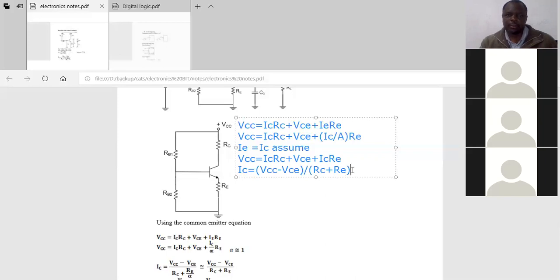Please note that that's what we have for the equation of IC being the subject of the formula.